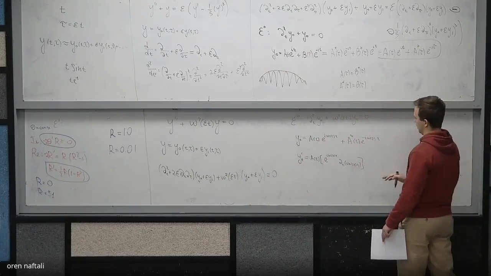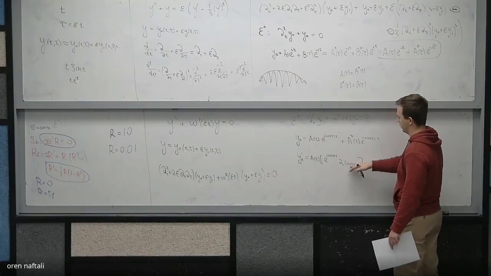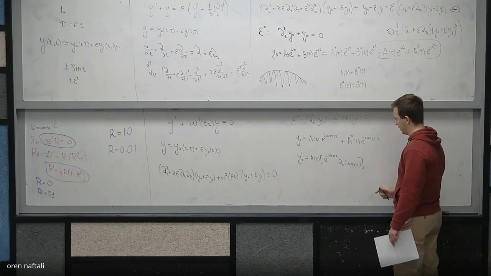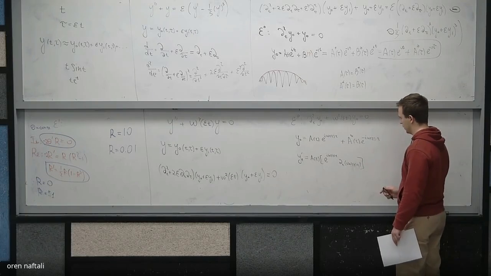So when we calculate the derivative, here we will have two terms, right? One with... why do you have two terms?